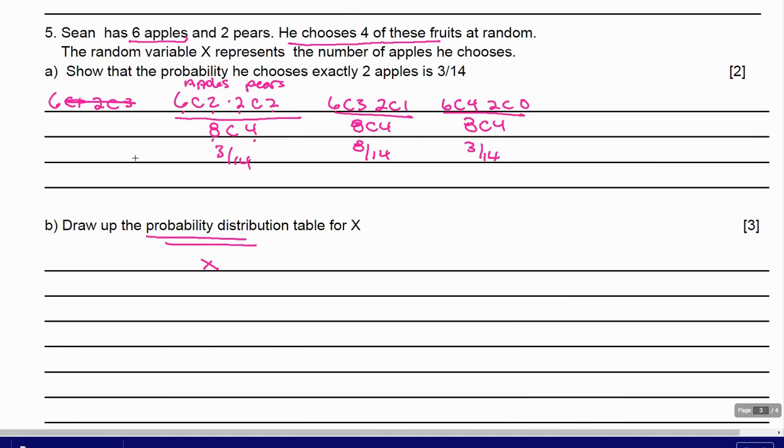How many apples could I draw? 3 or 4, right? And what are my probabilities of each one happening? Now, if I add 3 plus 3 is 6, 6 plus 8 is 14, my probabilities add up to 1. I like that, right? So that's how we figure out this. Questions about that?